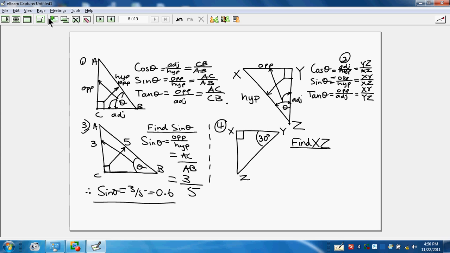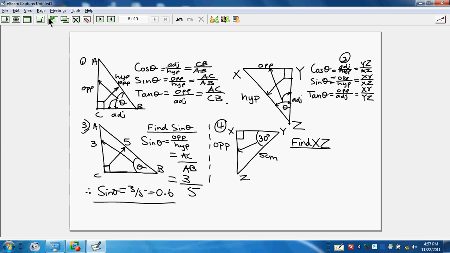So let us see what we do. We observe that XZ relative to 30 degrees is opposite. And we have to be given something else in order to solve this. The other thing they gave us was the length from Y to Z, which was 5 centimeters.